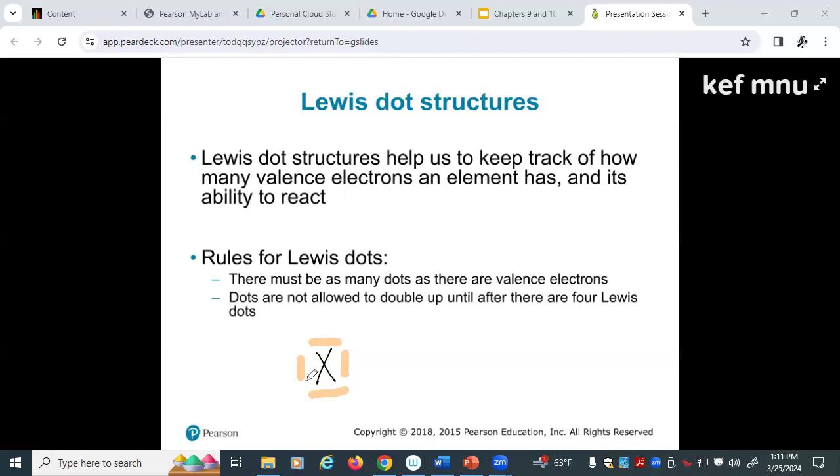That tells me how many dots I need to put on the symbol. This version of Hund's rule tells me how I'm supposed to separate those dots from each other. So I keep them all separated until I have 4, and then I start doubling them up. Order doesn't matter. So what order I put these in, top versus bottom, left versus right, doesn't matter. Put them in whatever way makes the most sense to you.